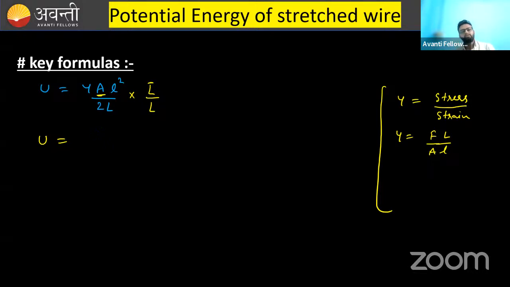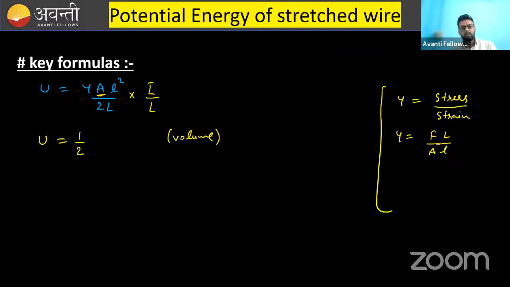A is the area of cross section, L is the length of the wire. Can you say that A into L will become the volume of the wire? So I will write A into L as the volume. This volume came from A into L. Clear? There is a 2 in the denominator, so I will write 1 by 2.